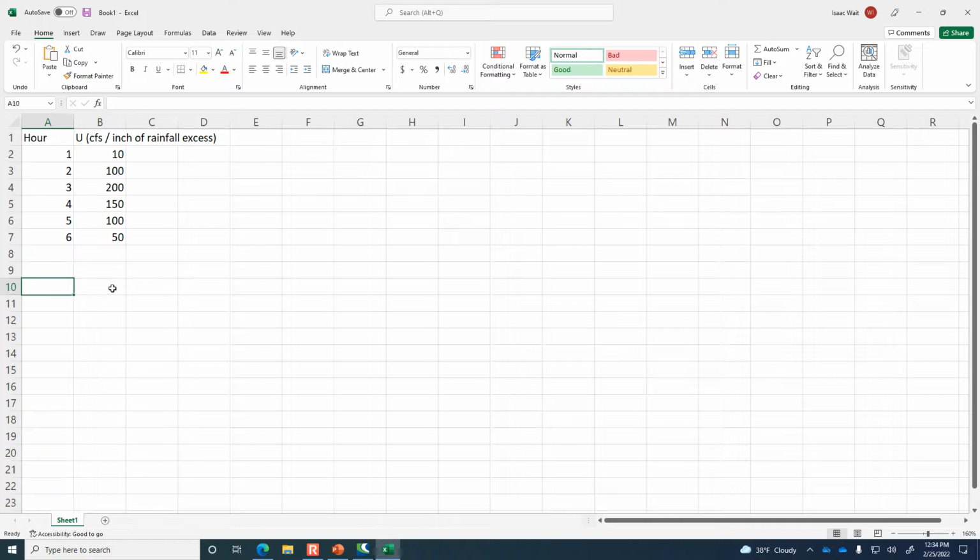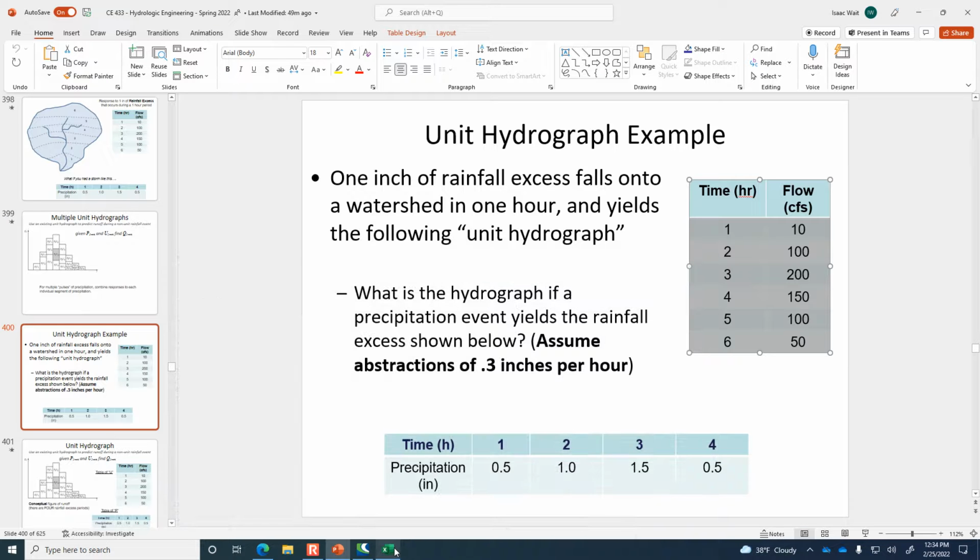Okay, and what we're going to see is we want to have something that's a time column in hours, and then we'll put in the rainfall amounts here. Let me just put 0.5, 1, 1.5, and 0.5.